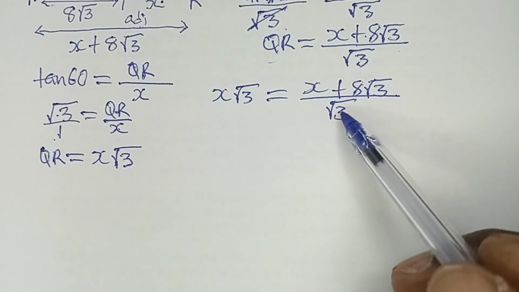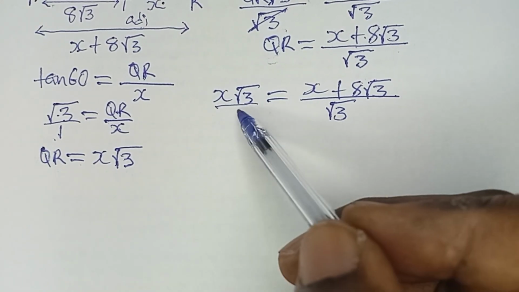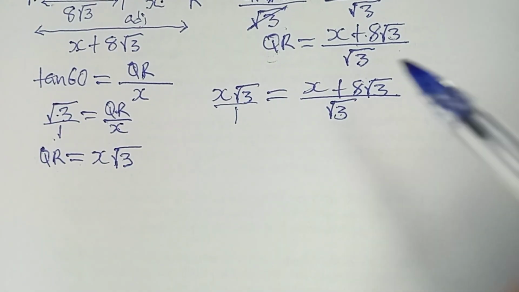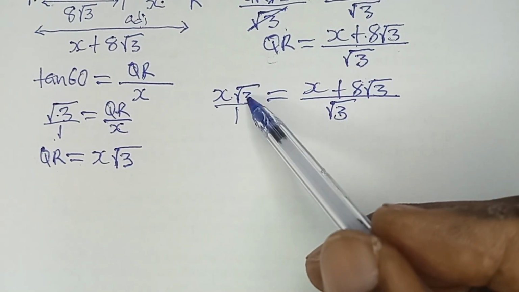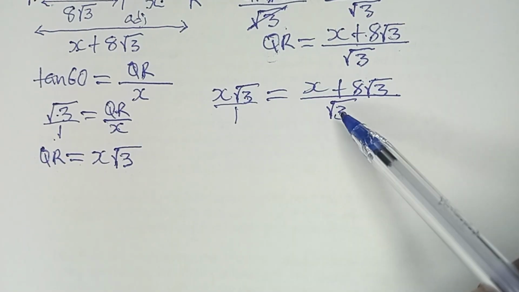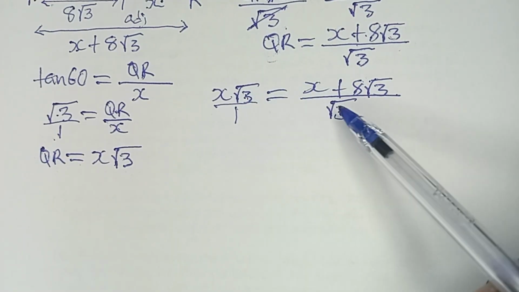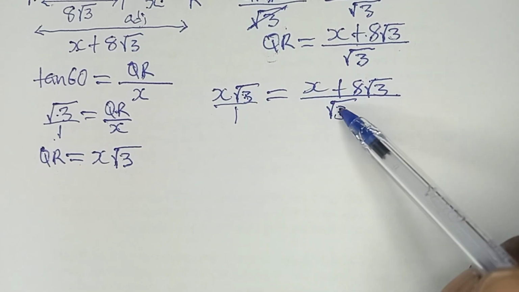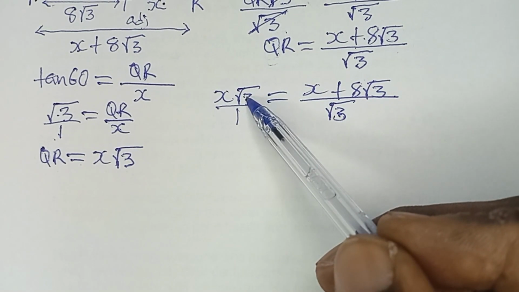So now, if I cross multiply, don't forget this is like over 1. This multiplies this. Don't forget, root 3 multiply root 3 will give us exactly 3. When you have the same values in root form multiplying each other, just simply take what is inside the root sign. So root 3 multiplied by root 3 will give us 3.